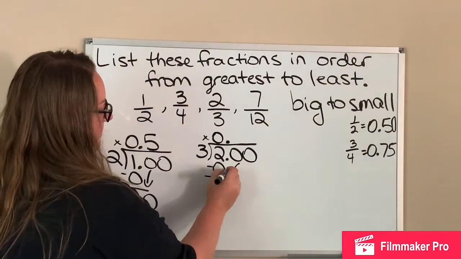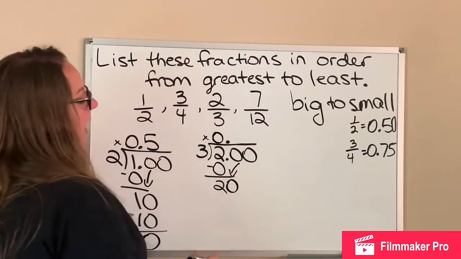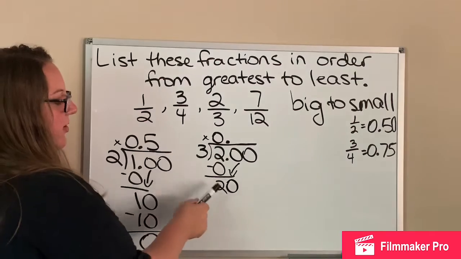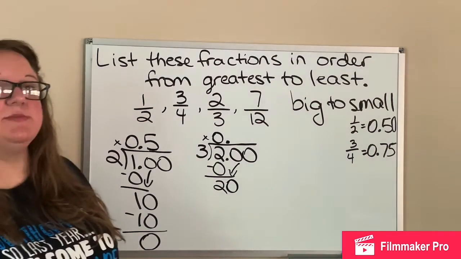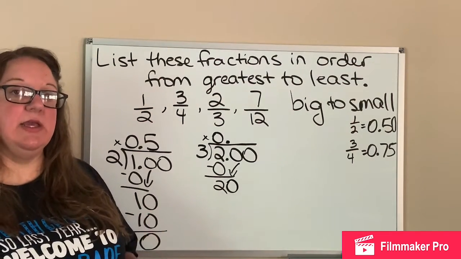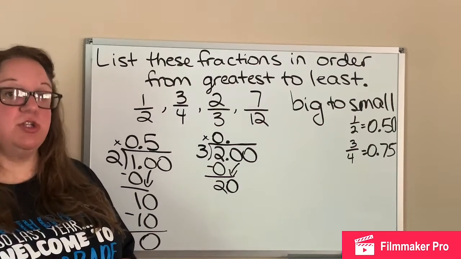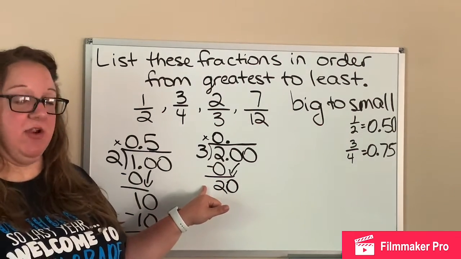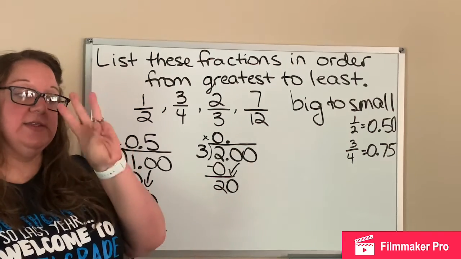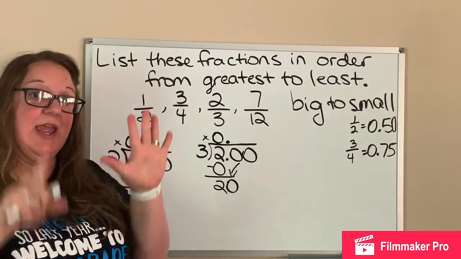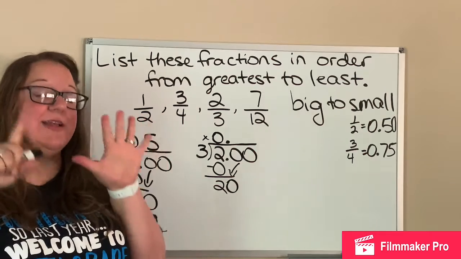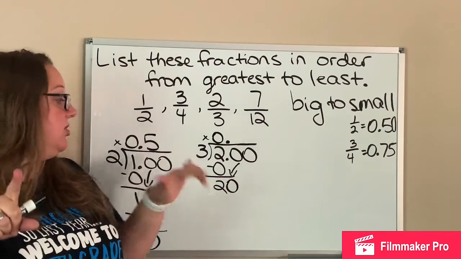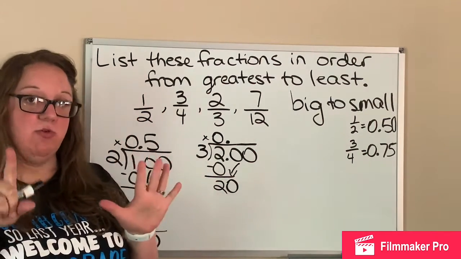Now I bring this 0 down, and I ask myself, how many times can 3 go into 20? How many times can I count by 3s without going over 20? Now, 3 cannot go evenly into 20, but it can get very close. 3, 6, 9, 12, 15, 18. Okay, that's as close as I can get to 20 by counting by 3s.